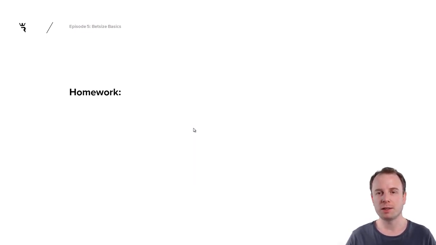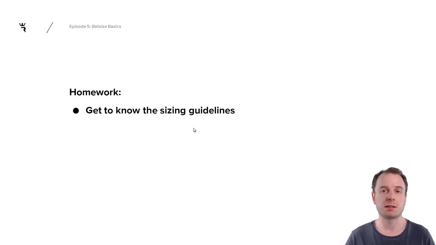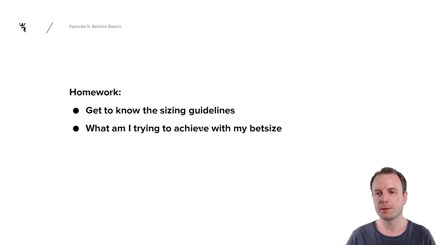Small bit of homework this week. Get to know the sizing guidelines, especially for the pre-flop. You can't go too far wrong using those guidelines that I've given you. There are obviously places to deviate, like I've said, but in general, those guidelines are going to work pretty well for you.